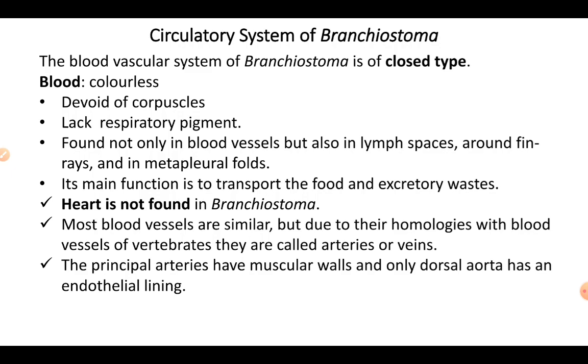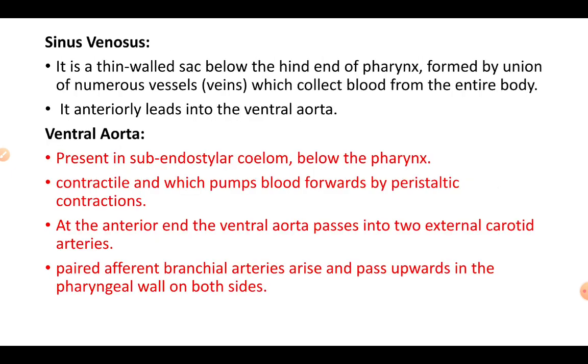And the blood vessels which carry blood from the sinus venosus to different parts of the body, we call arteries. So with this basic information, let's move on to learning the circulatory system in Branchiostoma.